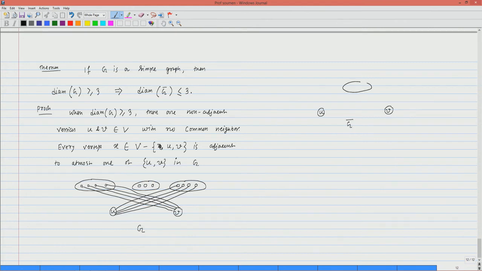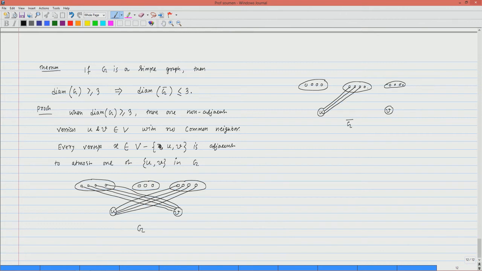These are the set of vertices which are neither adjacent to u nor adjacent to v in the graph G. These are the set of vertices adjacent to only v, and these are the set of vertices adjacent to only u in G. Now, in G complement, the vertices that were neither adjacent to u nor to v in G will be adjacent to both u and v in G complement.